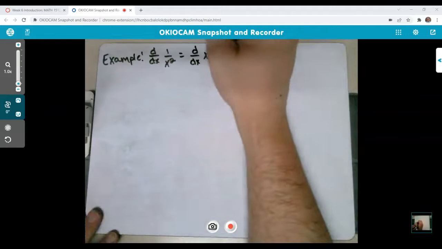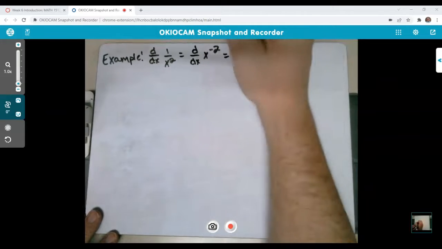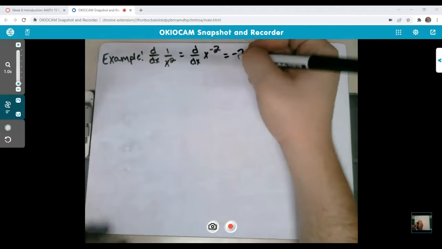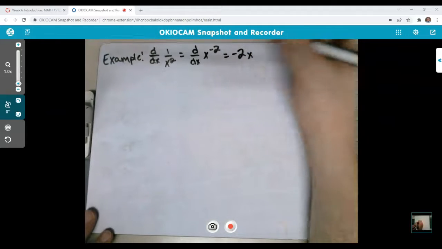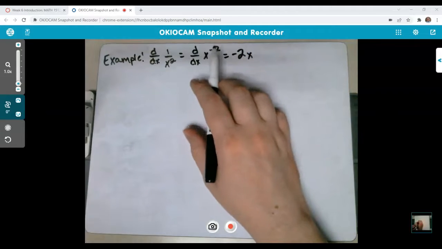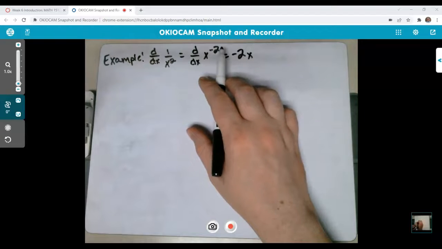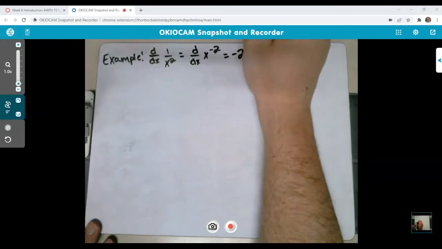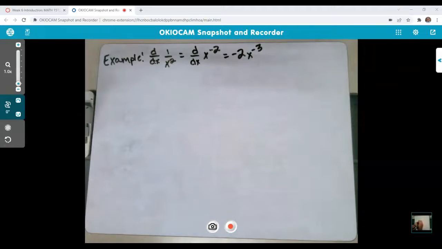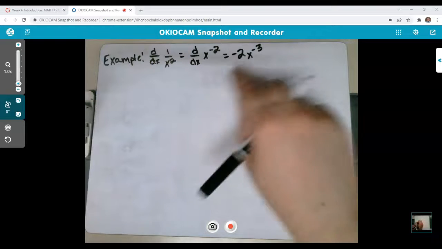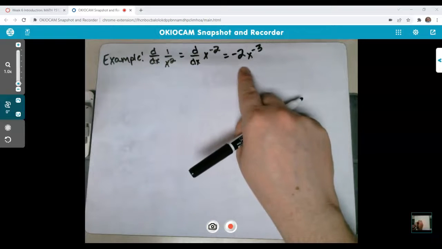So again, just like we have done, bring our power down, so negative 2. And then I'm going to multiply that by x to the power of 1 less of what it already was. Negative 2 minus 1 is equal to negative 3. So I could stop right there, and that's fine. It doesn't matter.